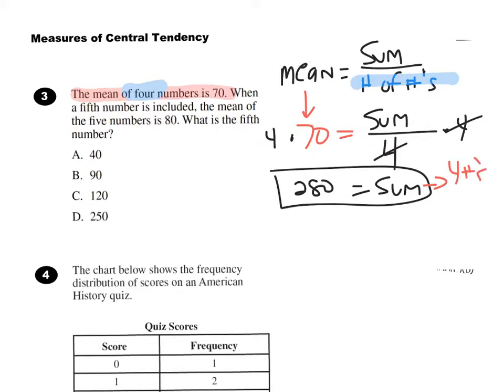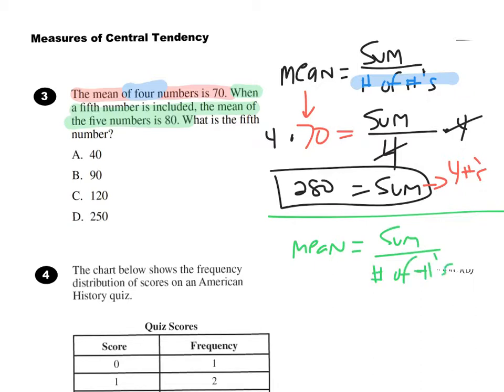And now the question says, when a 5th number is included, the mean of the 5 numbers is 80. Well, if I say, okay, the mean is equal to the sum divided by the number of numbers, here they say the mean increases to 80. So I'll plug in the mean is 80.